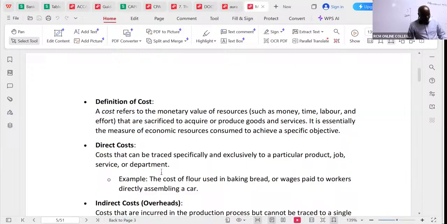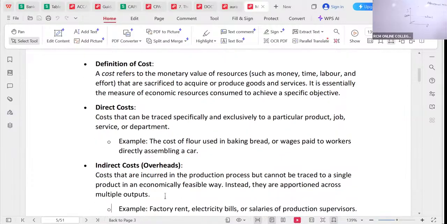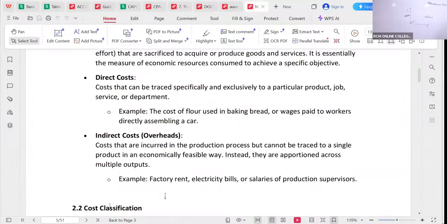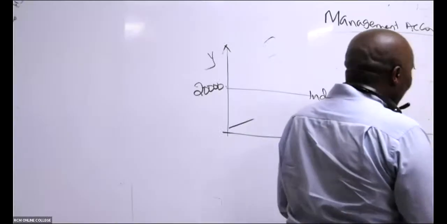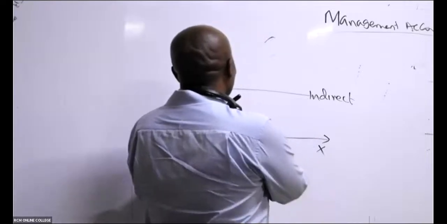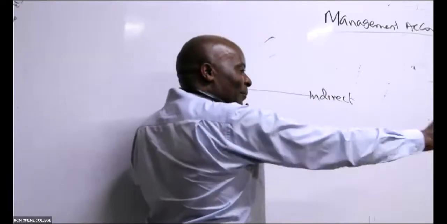Those are direct expenses. Indirect costs are what we shall be calling overheads, juu ya kichwa. These are costs that are incurred in the production process, but cannot be traced to a single product in an economically feasible way. Instead, they are apportioned across multiple outputs. So in this case, for example, the rent that we pay here, if you're paying this rent of 20,000, you can't say that this 20,000 was paid by this student.